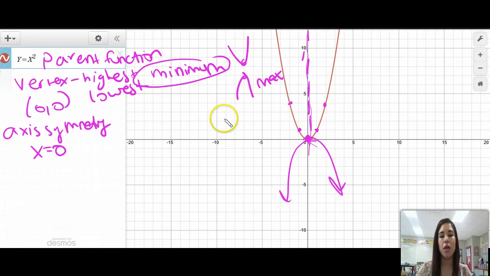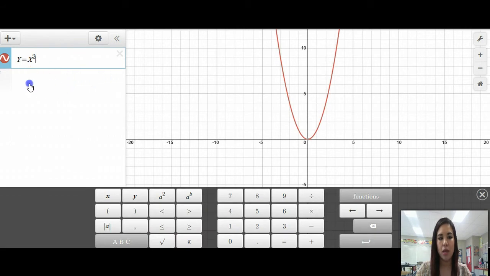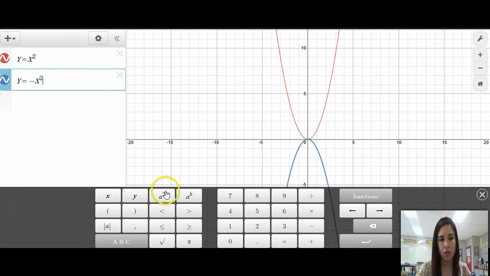Okay, so now let's talk about changes. Hopefully you got all these vocab words: vertex, axis of symmetry, parent function y equals x squared, a minimum with the picture of what it looks like, and a maximum. So now let's try doing something to this. Instead of y equals x squared, let's make it y equals negative x squared.